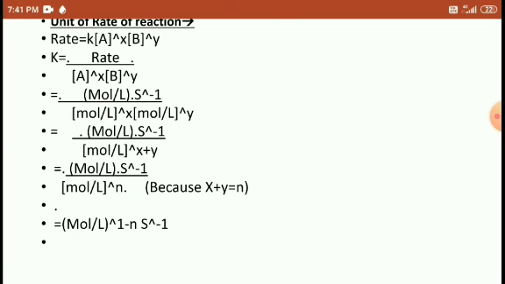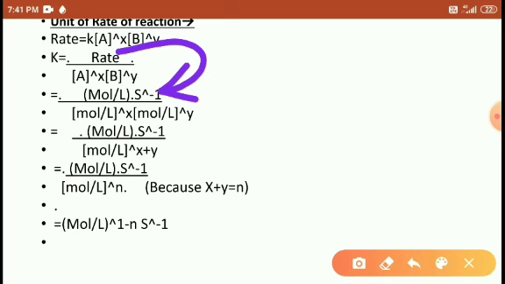Look at here, once again I will explain. Moles per liter per second for the rate, and the concentration of A is moles per liter to the power x, B is moles per liter to the power y. Right, students? If we cancel the moles, then what do we get here?